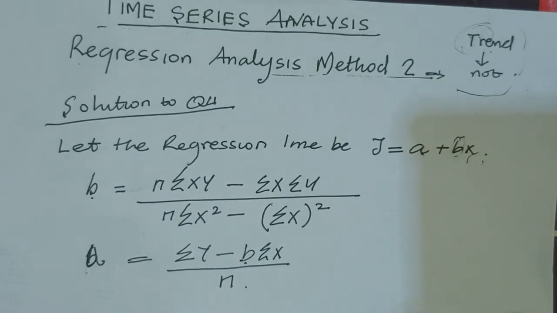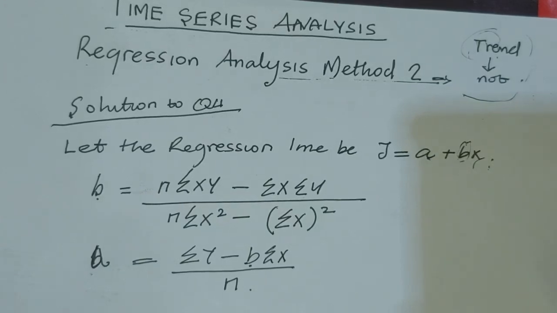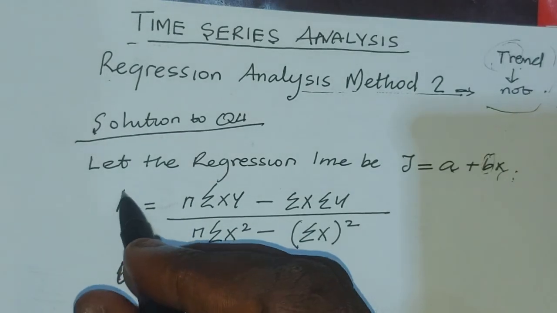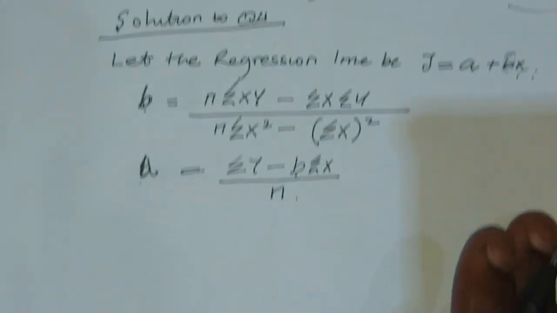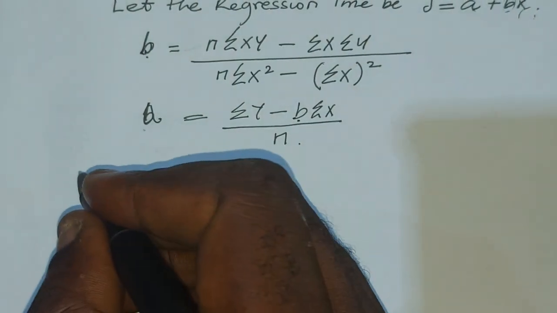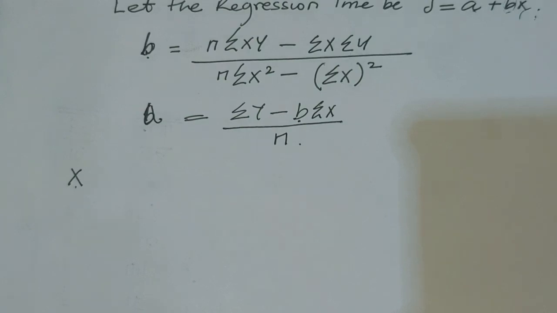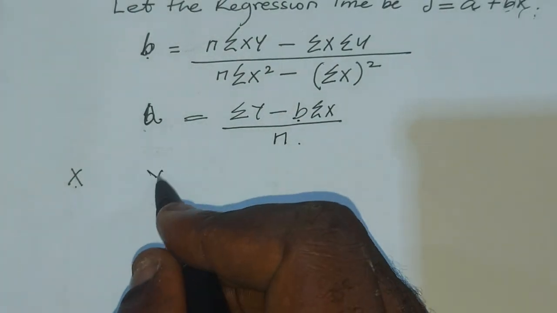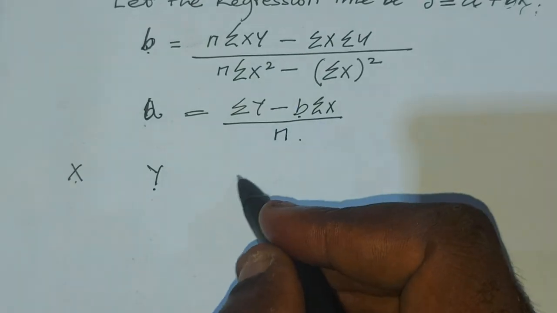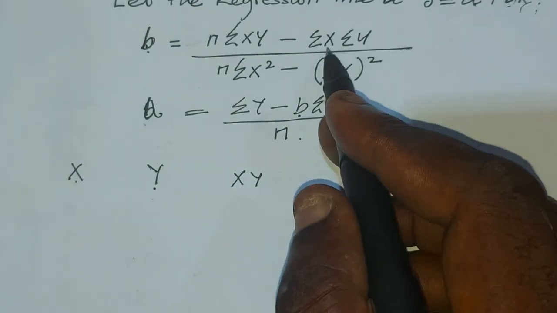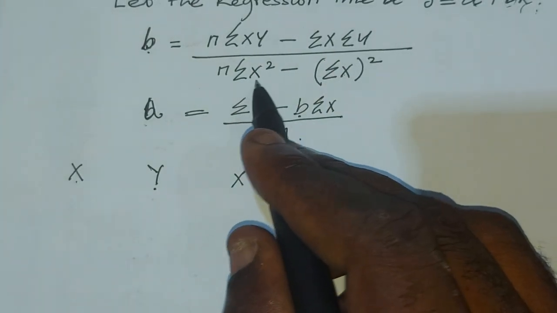Okay, all right. Then the formula for the regression coefficient determines the number of columns. So you can now have the x column, which represents the year, and the y, which represents the actual sales volume. Then we have xy, then we have x squared.